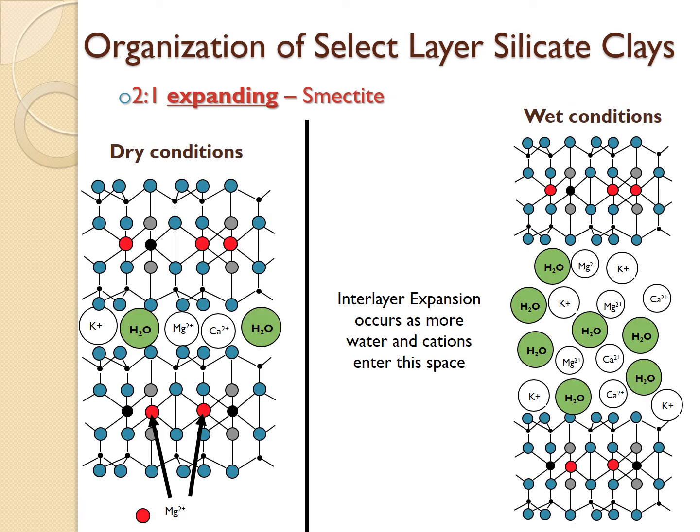Now we're going to start talking about our 2-to-1 expanding smectite. So again, we have a tetrahedral sheet with silica, and then an octahedral sheet with aluminum, and then another tetrahedral sheet, and that's our 2-to-1. But this time, we don't really have anything in the interlayer space. It can open up to grab whatever it wants. And because of this, especially when you add in water, it swells super, super big.